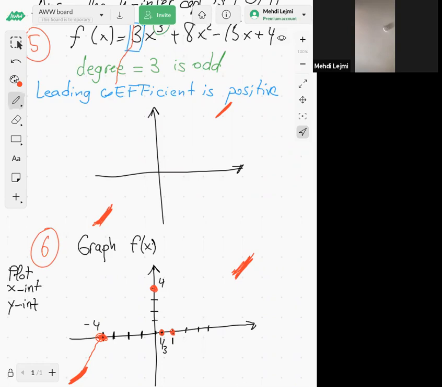Well, the multiplicity of the x-intercepts is 1, and 1 is odd, so we cross the x-axis. You join the next point, which is the y-intercept. The next point is 1/3, but at 1/3 the multiplicity is odd, so we cross it and then join 1. We again cross the x-axis because the multiplicity is odd, and then go all the way up here. That would be my function f of x.